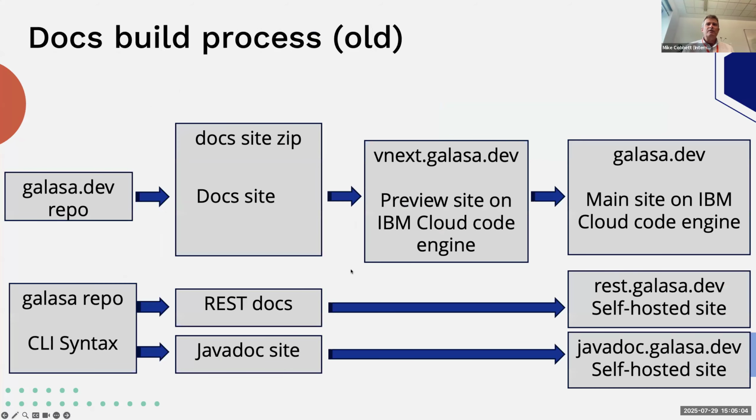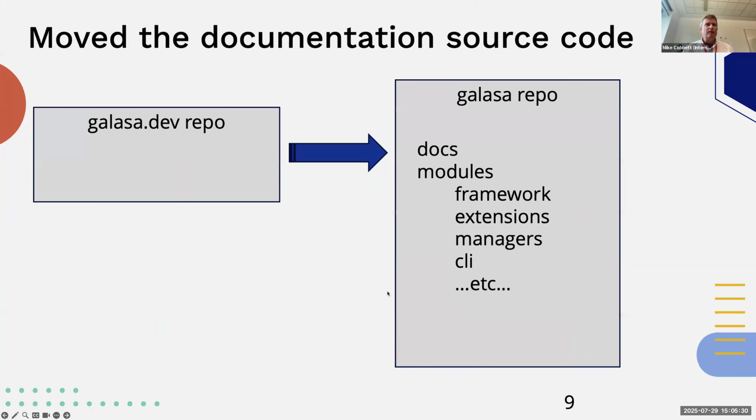And we had this build system before where we had several pipelines leading into sites, but we had the docs site and a preview system where we could see what was going on before we published it, and the main site on the IBM Cloud Code Engine, but we hosted these other ones separately.